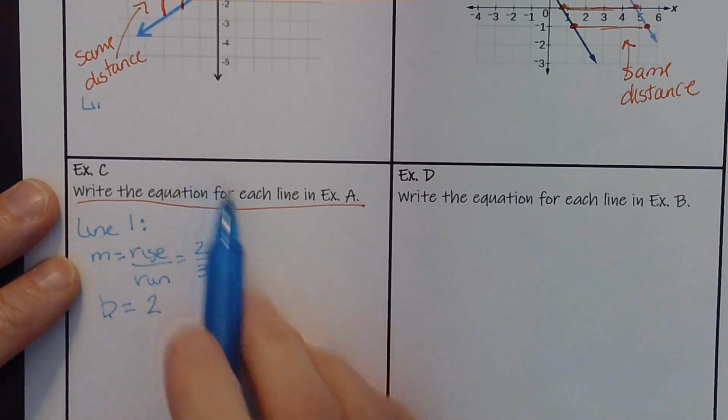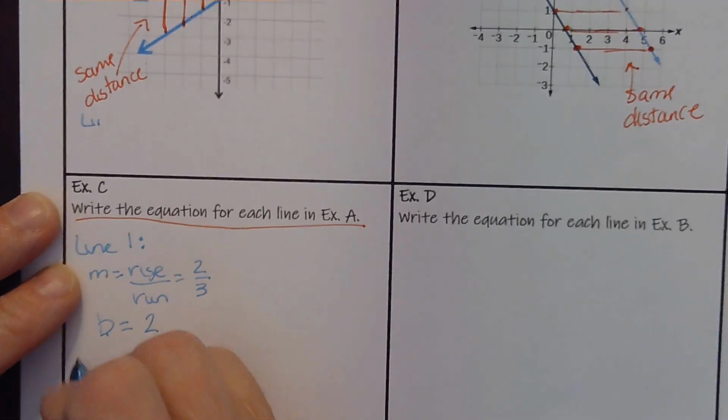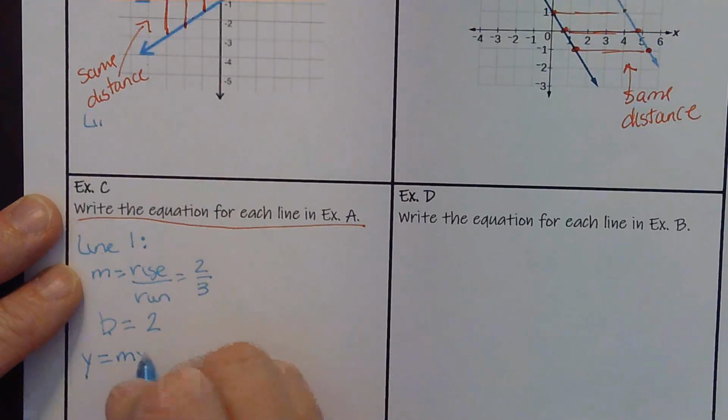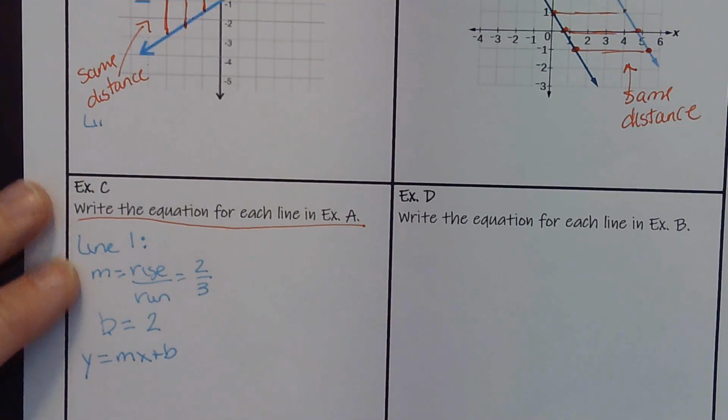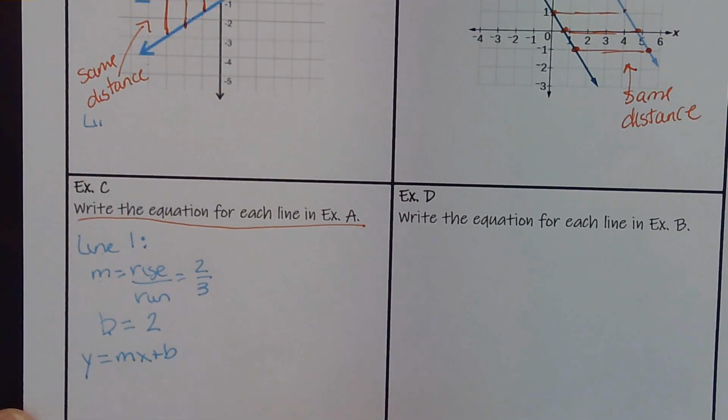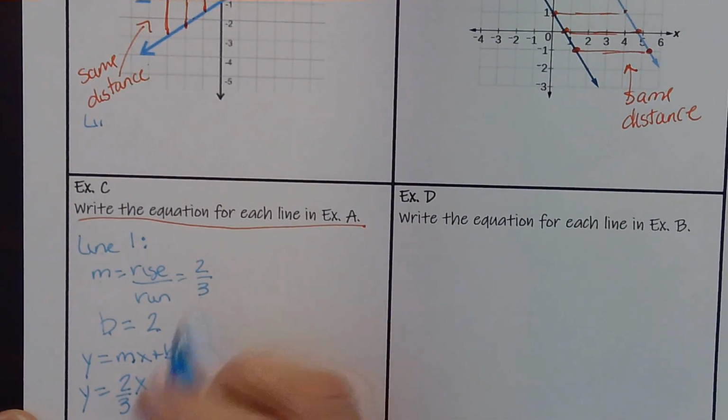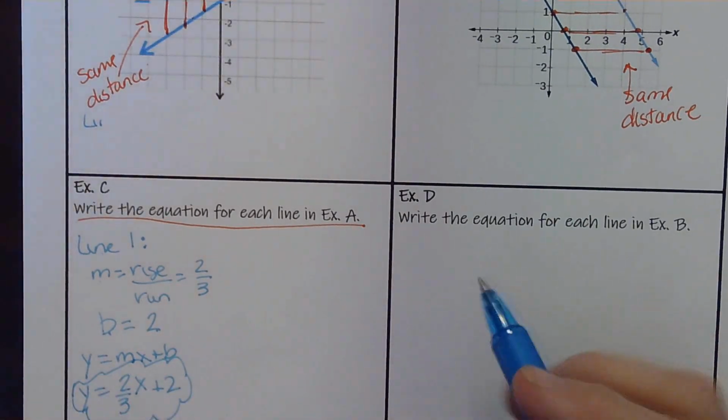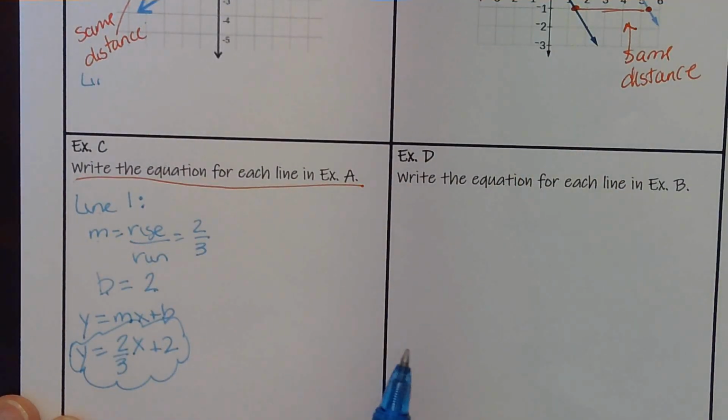I'm going to write the equation using slope-intercept form. So y equals mx plus b. So y equals, my slope is 2/3, my b is 2. So my equation for line 1 is y equals 2/3 x plus 2.